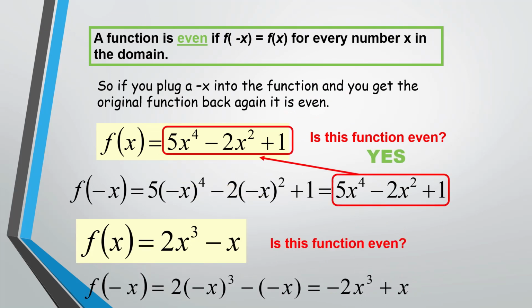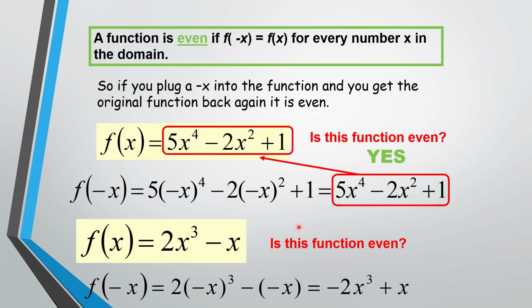When we discuss equations, a function is even if f of minus x is equal to f of x for every number x in the domain. This sentence we also discussed in previous slides. In the equation case, suppose we have an example, f of x is x power 4 minus 2x square plus 1. If we substitute x by minus x, the result is the same as the previous function, the parent function.